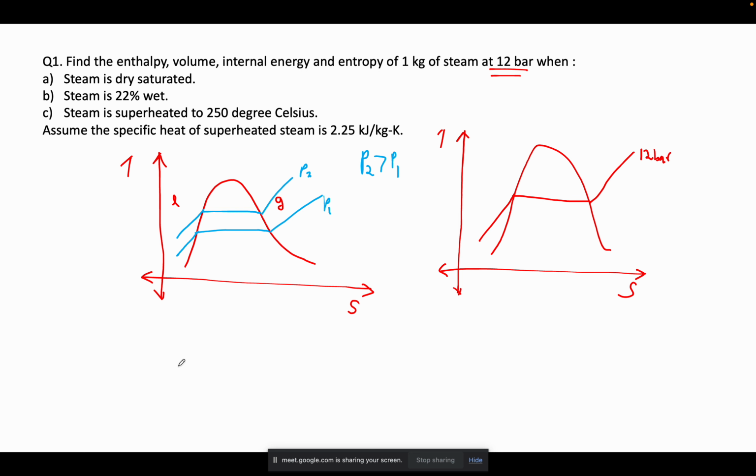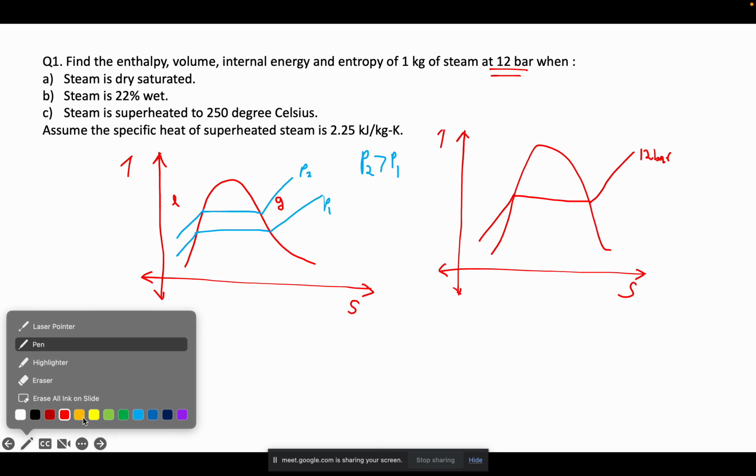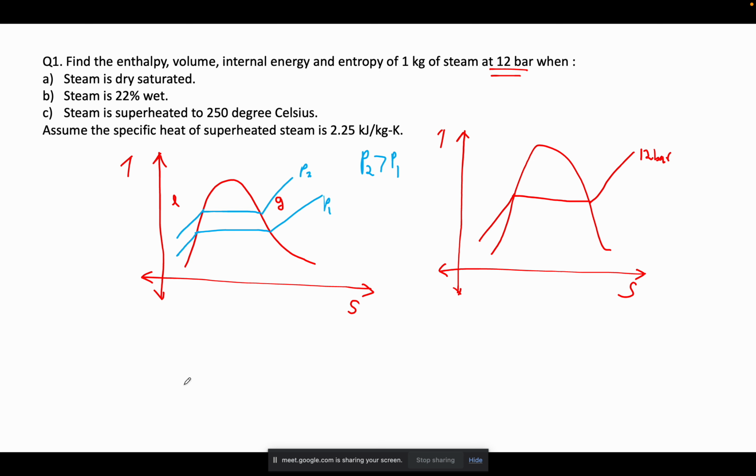Okay, now the enthalpy or the values that correspond to this point, if the steam is at this point, it is called dry saturated steam, and if the steam is in between these 2 points, then this is basically called wet steam.